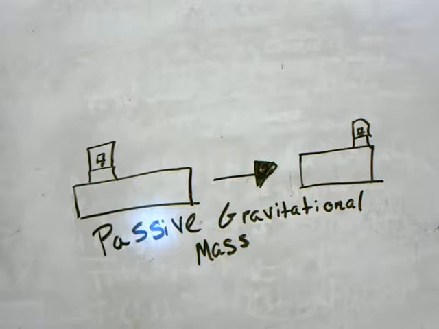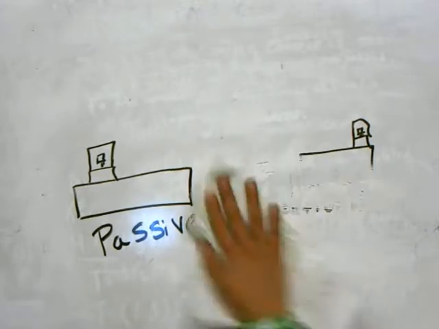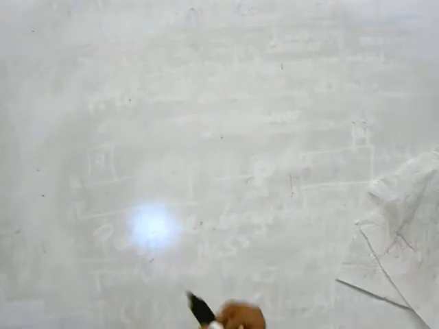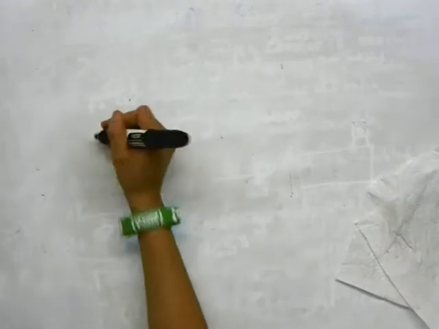Now, one of the examples that we have for inertia is how we actually calculate it. The first example I'm going to show is looking for the unknown. The equation that we use is V final equals V initial plus acceleration times time.